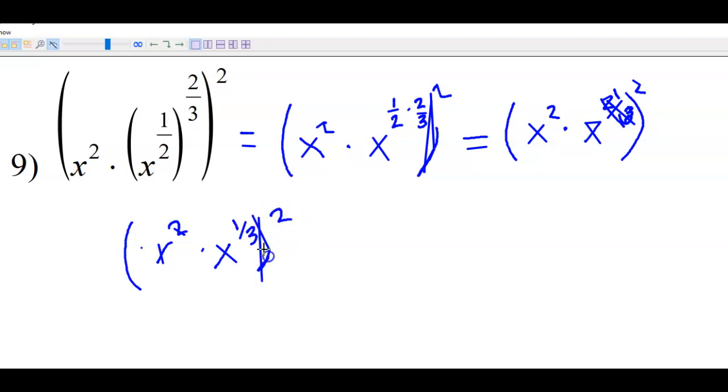So again, let's multiply these inside. So I'll have x to the power of 2 plus 1/3. I need to get a common denominator, so I am going to multiply this side by 3 over 3 to get those to match.